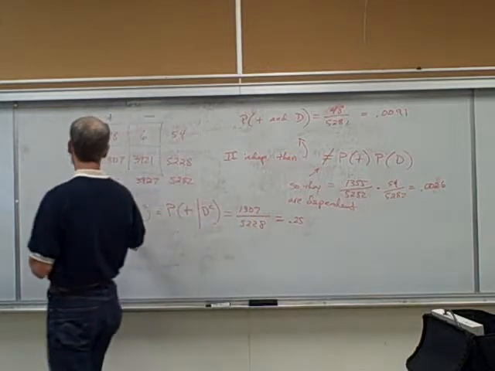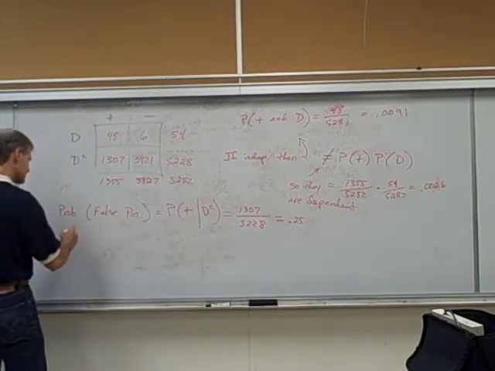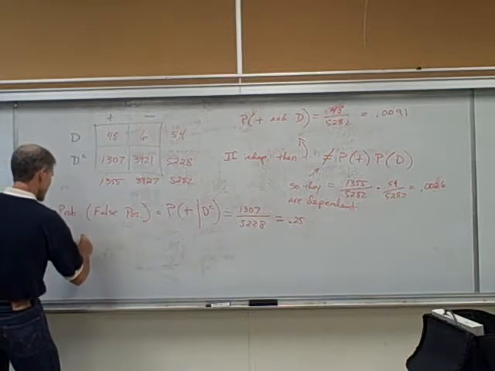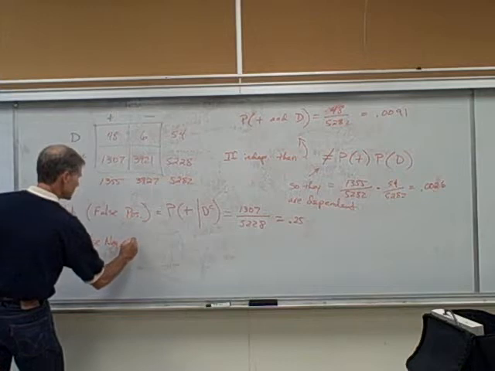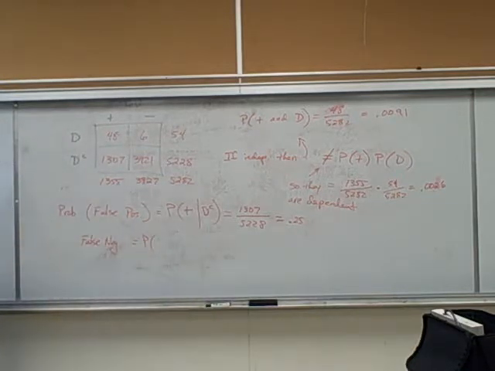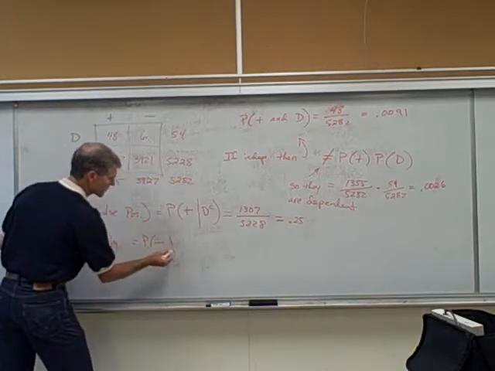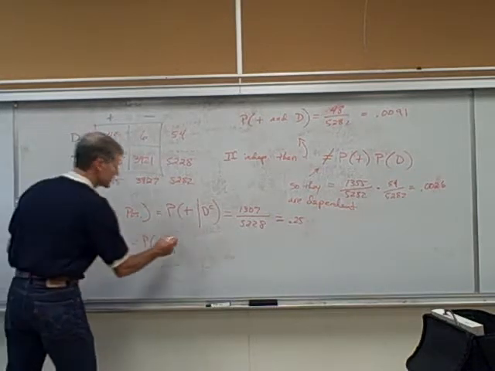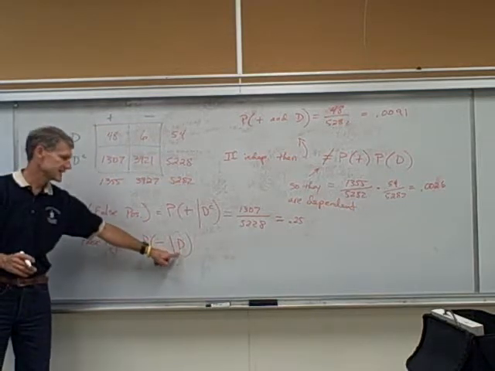What's the probability of a false negative here? It doesn't have the same consequences, but the probability of a false negative is the probability of testing negative given D. You test negative, but the baby did have Down syndrome.